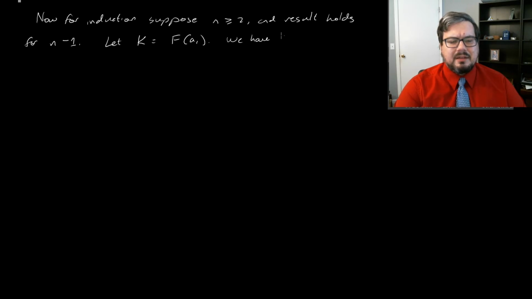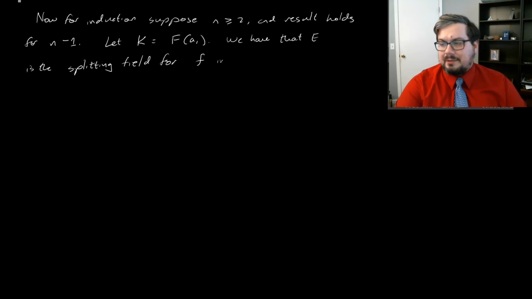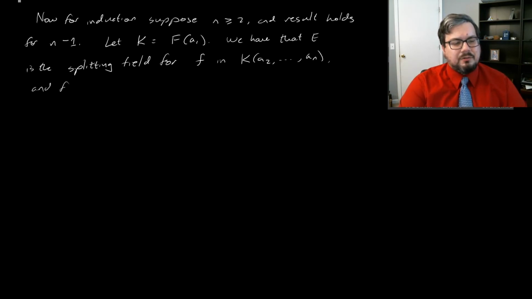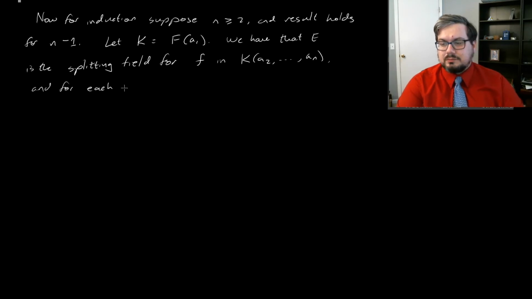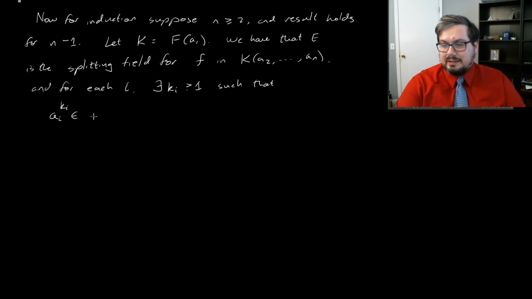We have that E is the splitting field for f over K of a2 up through an, and for each i, there exists a ki greater than 1 such that ai to the ki is in K of a2 up through a(i-1).